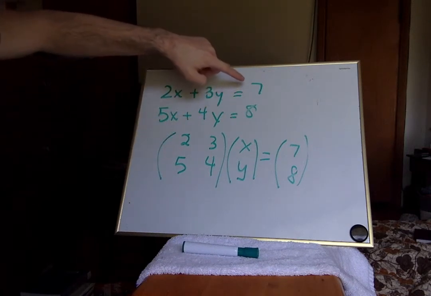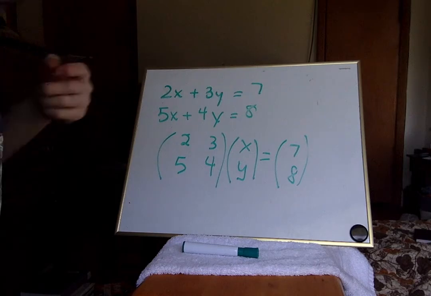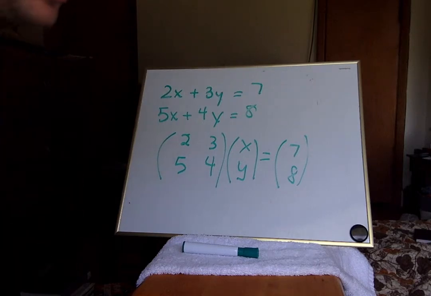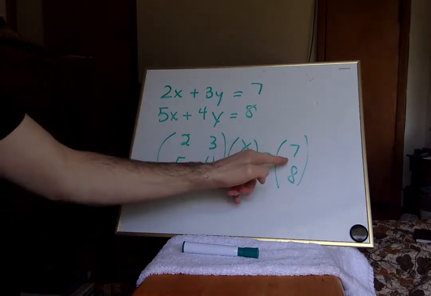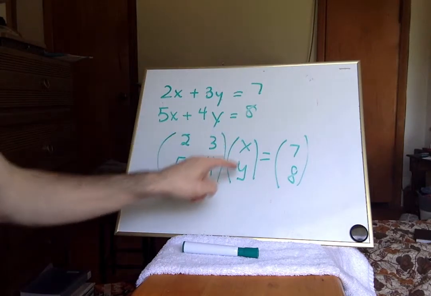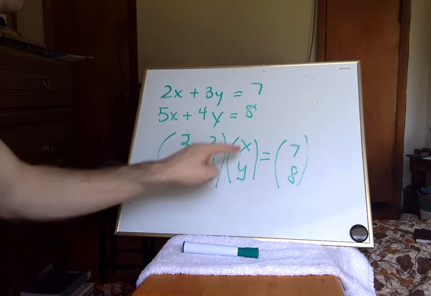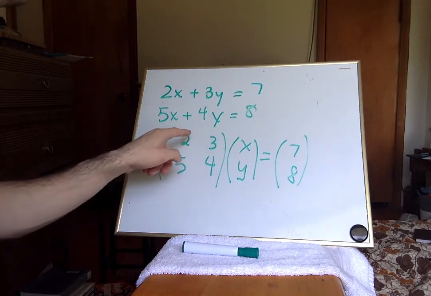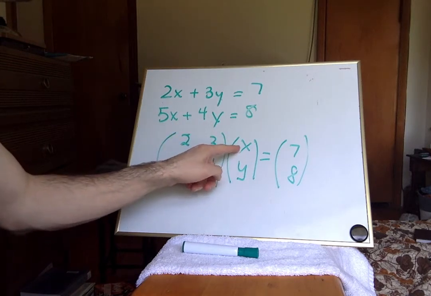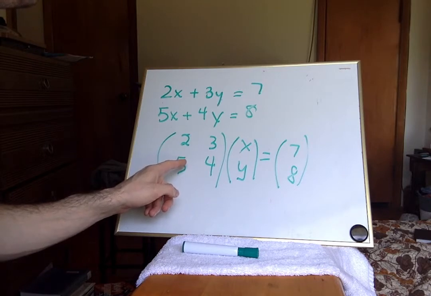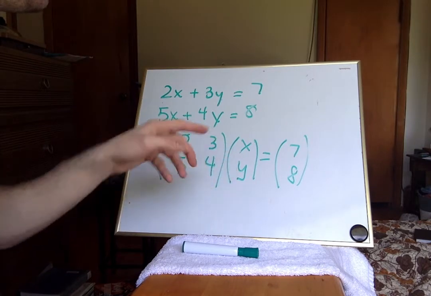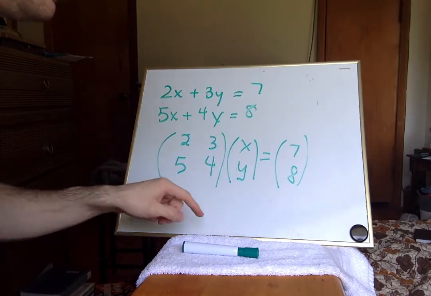So if I think of 7 and 8 not as two separate things, but as one entity, 7, 8, then clearly when I look at this, when I multiply 2 by x and 3 by y, this is going to give me a vector, right?